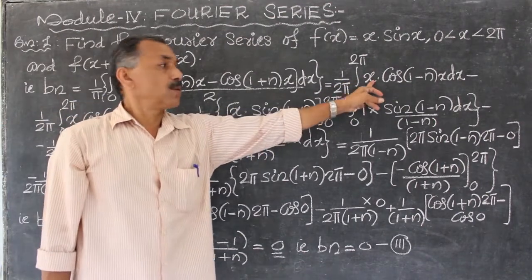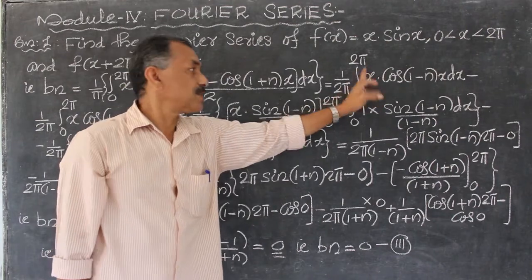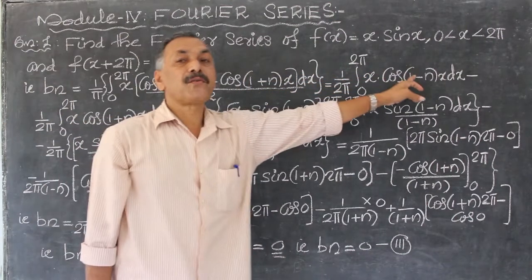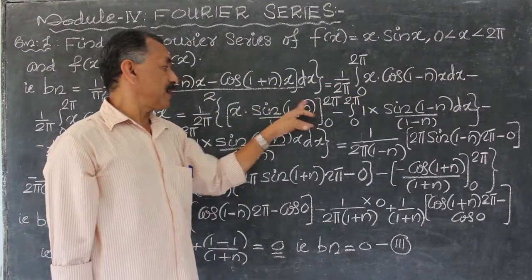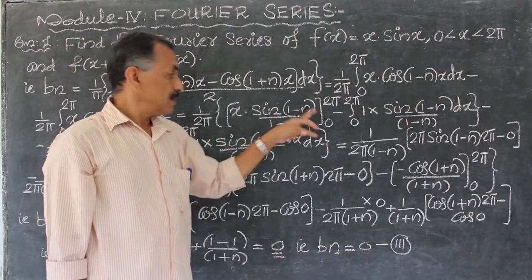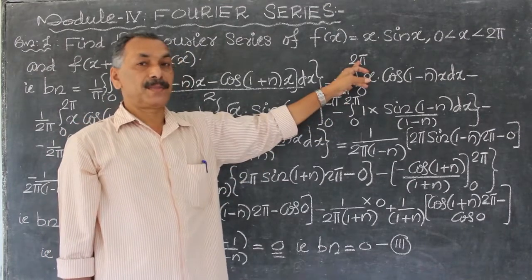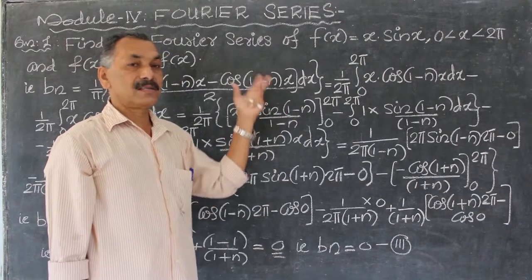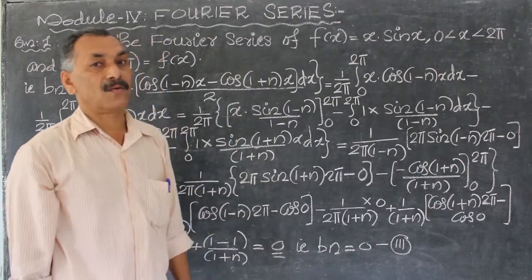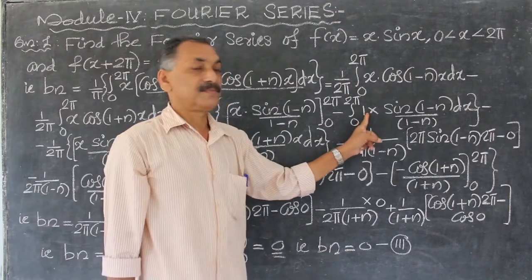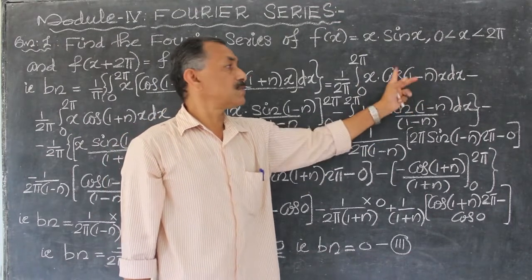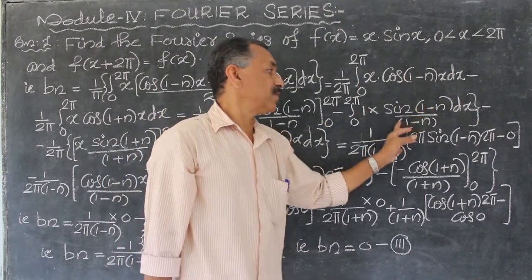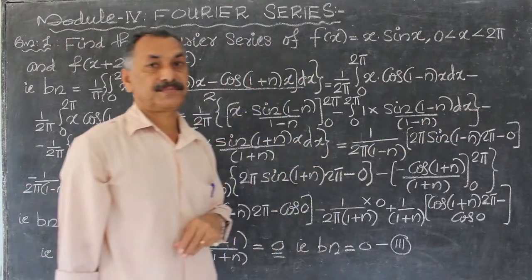Here we apply the product rule, integration by parts. First into integral of second, integral of cos 1 minus n is sin 1 minus n divided by 1 minus n, between the limits 0 to 2 pi, minus integral of derivative of first into integral of second, sin 1 minus n divided by 1 minus n dx.